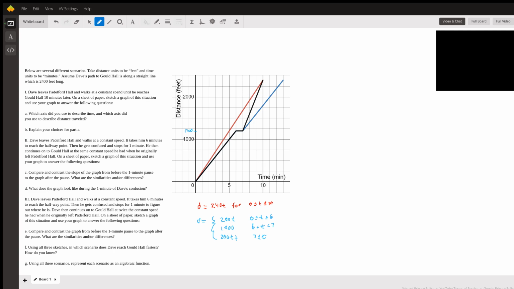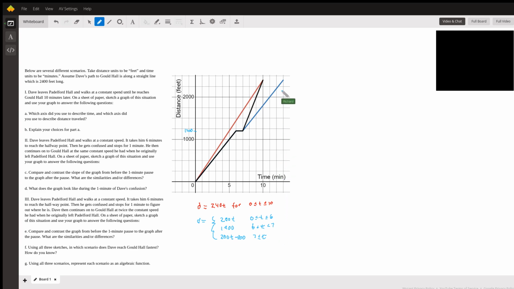So that's 200t minus 200. And this is for t greater than or equal to 7.